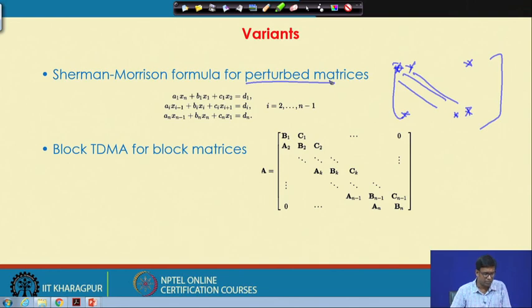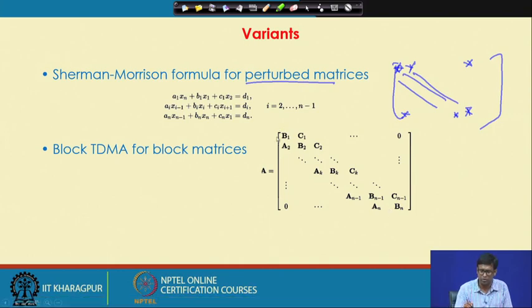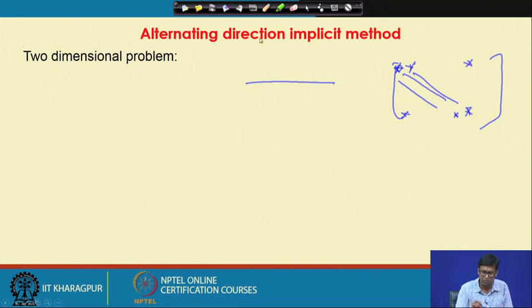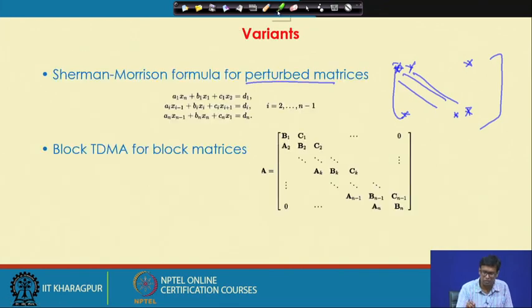There can also be block tridiagonal matrices. Instead of having a tridiagonal matrix, there can be block matrices arranged in tridiagonal form, like A is a combination of several matrices arranged in tridiagonal space. We will look into block algorithms later in this course.